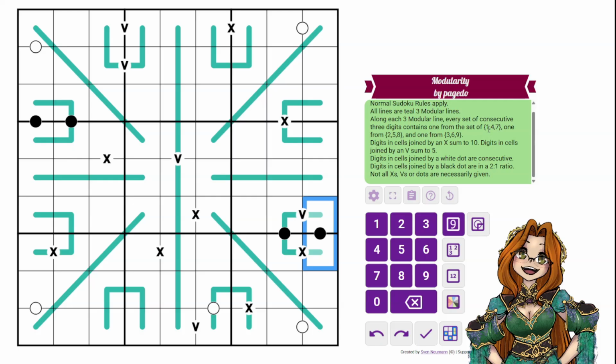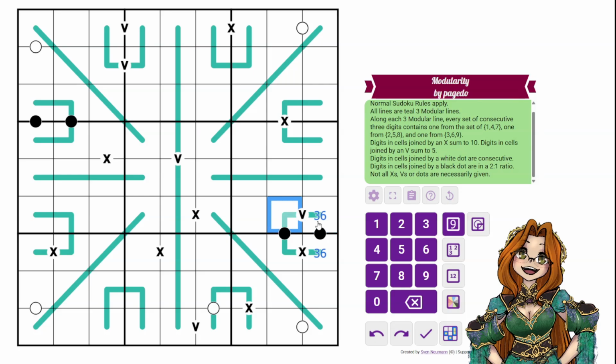So 1 and 4, not double. 2 and 8, they're not double each other. But 3 and 6 are in the same modular group, so we can put them there. Now we can look at this V, and 6, no matter how hard you try, you can't get it to add up to 5 with a Sudoku number.